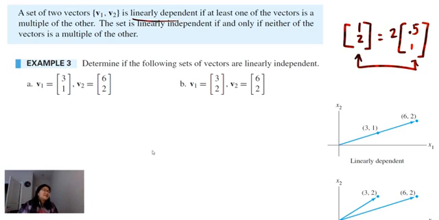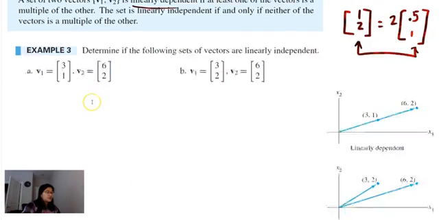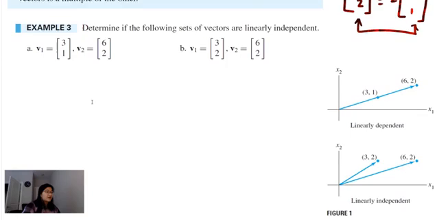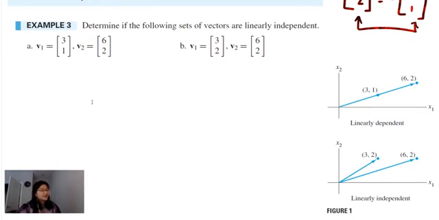And the set is linearly independent if neither of the vectors is a multiple of the other, so if they're going in different directions. So, looking at these two sets of vectors, we have one that is linearly dependent, right? Because we have 3, 1, and then if you just scale that up by 2, then you'll get vector 2.